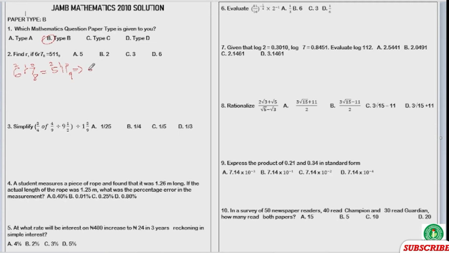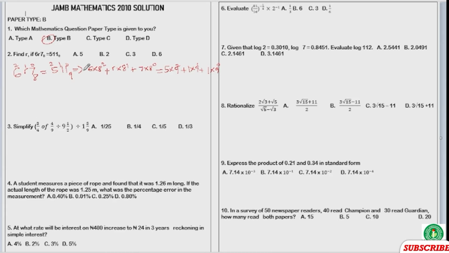We have 6 times 8 raised to power 2, plus R times 8 raised to power 1, plus 7 times 8 raised to power 0, equal to 5 times 9 raised to power 2, plus 1 times 9 raised to power 1, plus 1 times 9 raised to power 0.